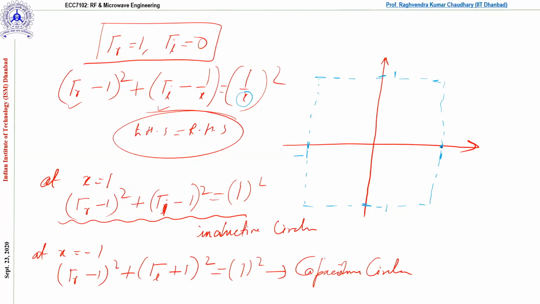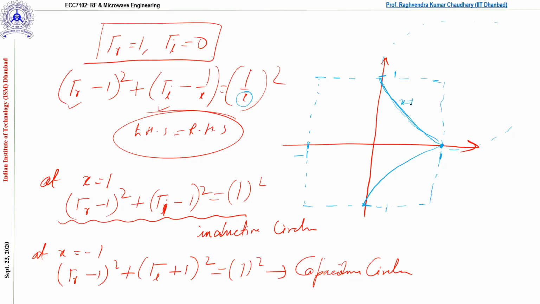Let's say you are trying to draw for x is equal to 1. What is the radius? The radius will be 1. This would be the center, and from this point you make a circle like this. This is the center and this is the value of 1. Because we are interested in the region minus 1 to plus 1, we'll take only this much. So this is x is equal to 1.